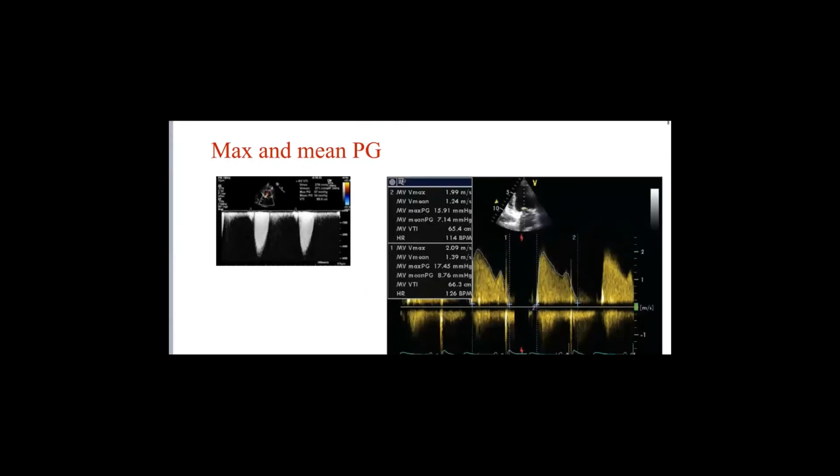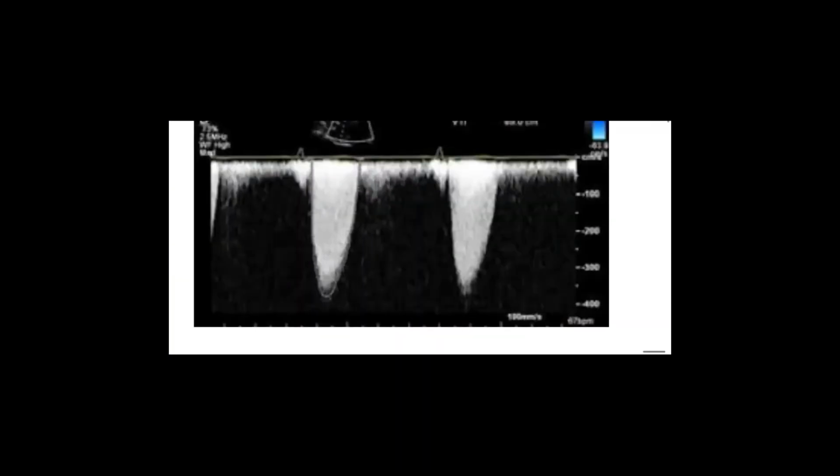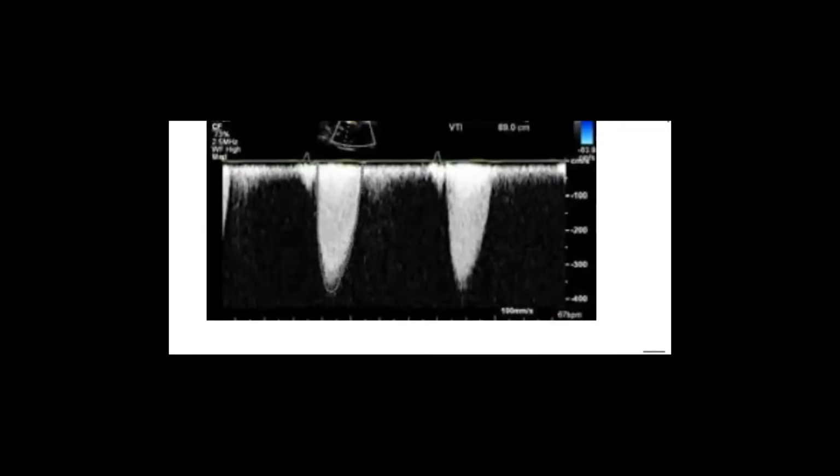Now, what is the max and mean pressure gradient? Let's take the aortic valve. Where is the max? How do you get the max pressure gradient? At the tip of the envelope, exactly. So the peak velocity.